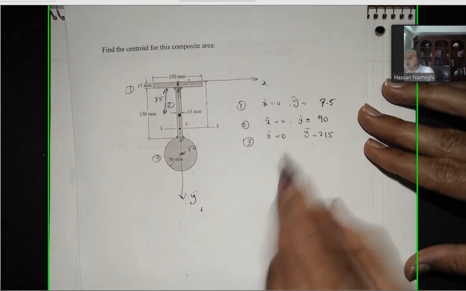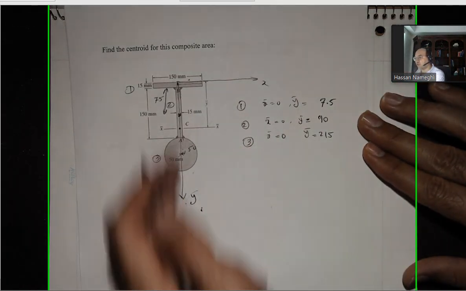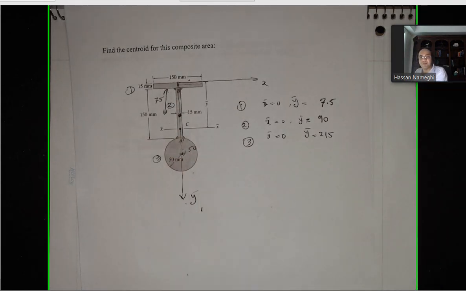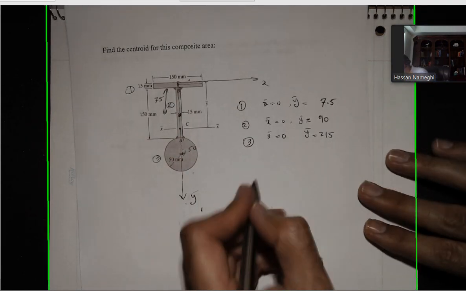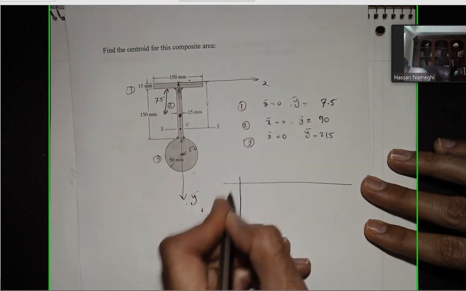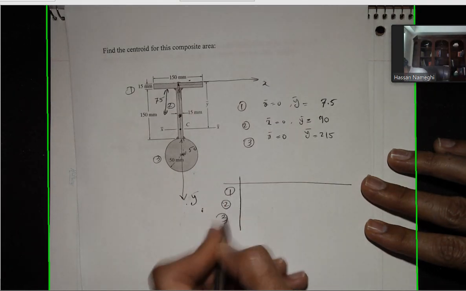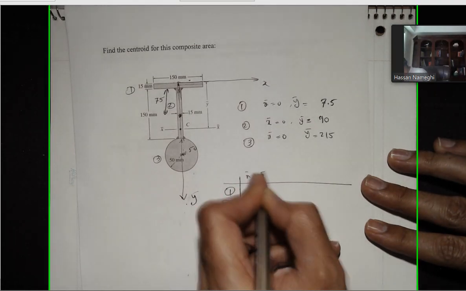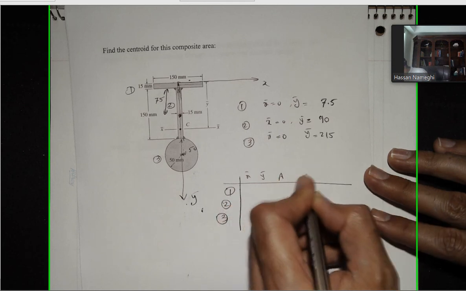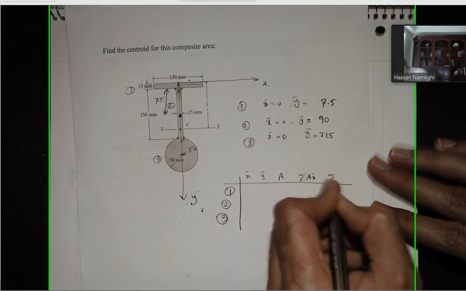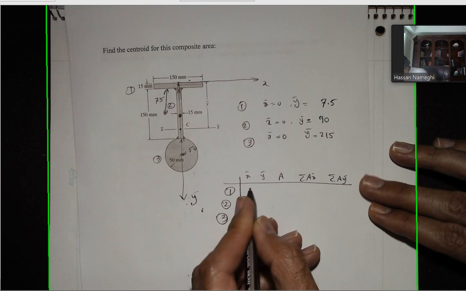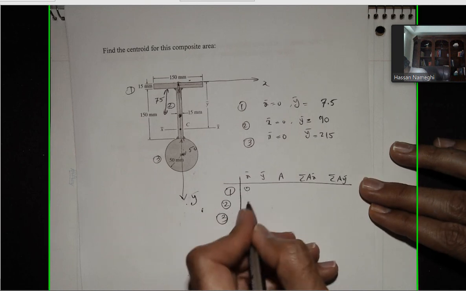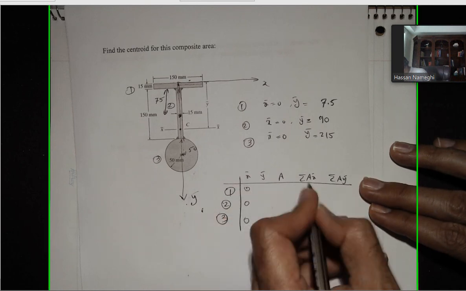You don't need to do any calculation on the x bar because we know the centroid will be located at the axis of symmetry, since it is symmetric from both sides. No calculation is needed. So I have 1, 2, 3, x bar, y bar, a, sum of a x bar, sum of a, y bar. So you can just repeat the same thing here. Again, I told you x bar wasn't needed.